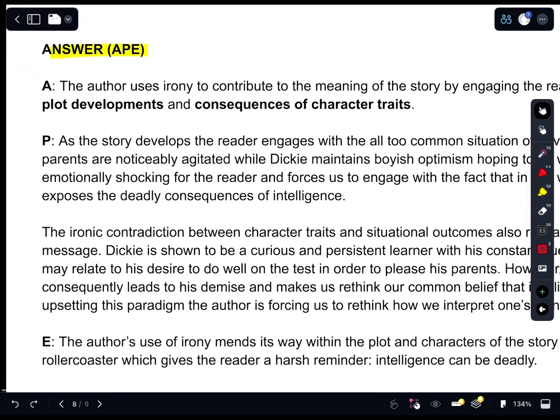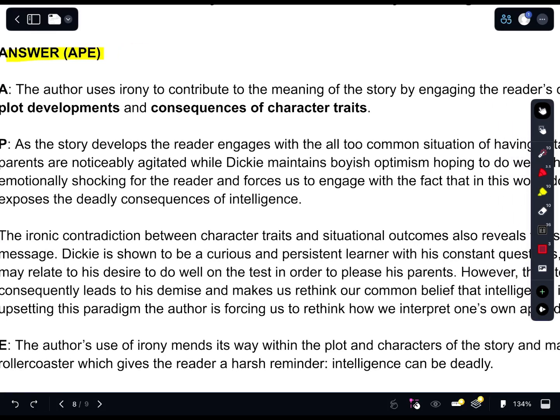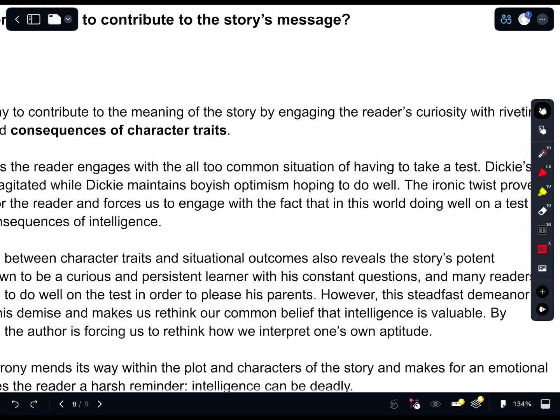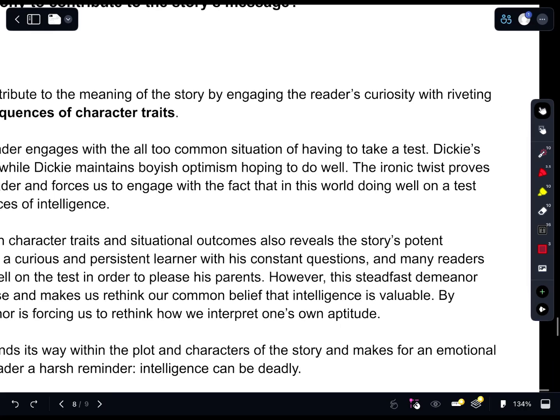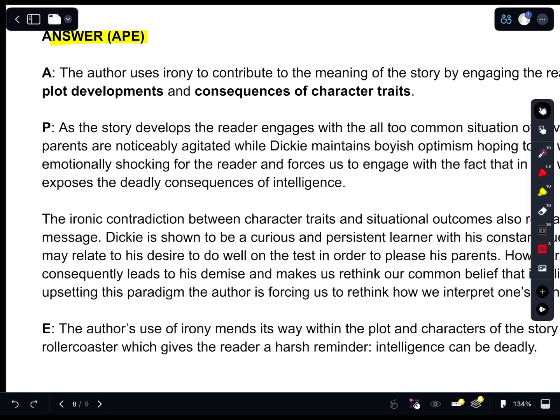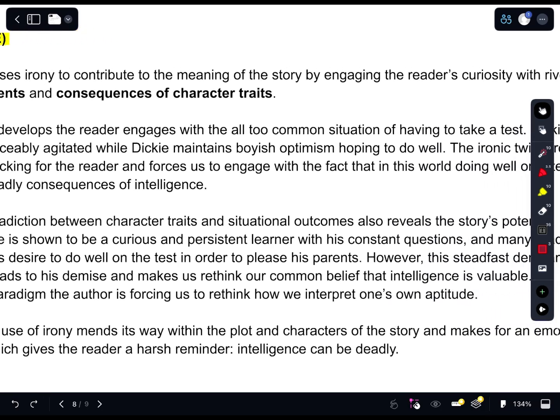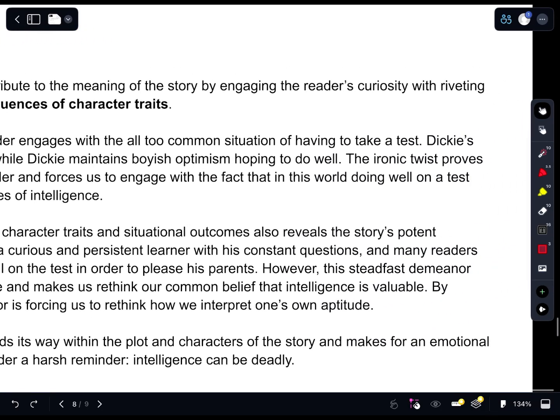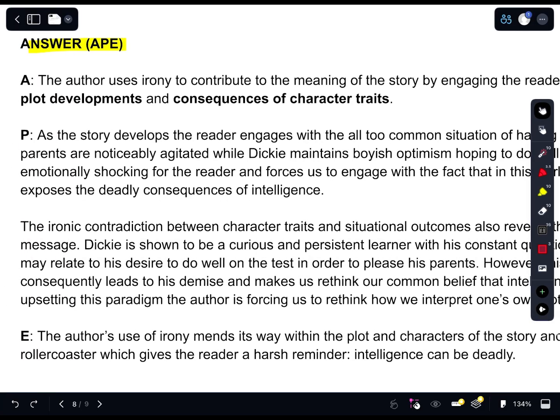Dickie's parents are noticeably agitated, while Dickie maintains a boyish optimism, hoping to do well. The ironic twist proves emotionally shocking for the reader and forces us to engage with the fact that in this world, doing well on a test exposes the deadly consequences of intelligence. Okay, so there we go.